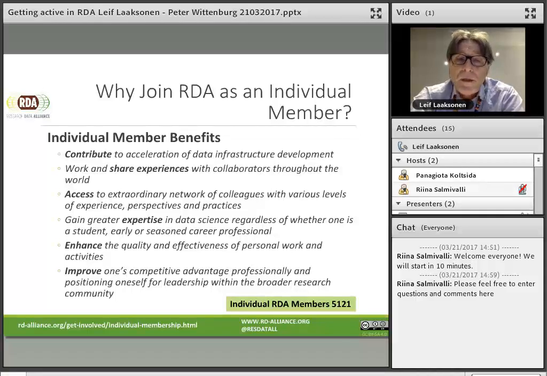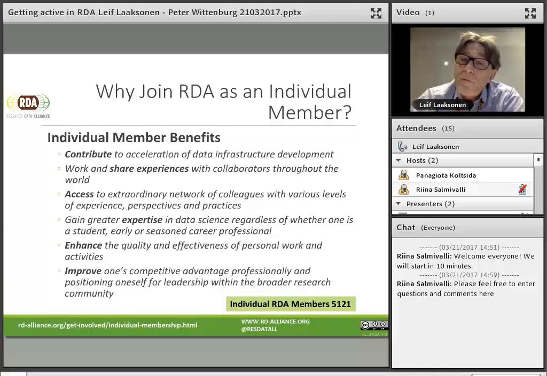You have access to knowledge from a very, very broad group of people and expertise, and you can enhance the quality and effectiveness of personal work and activities, and you can improve your professional competence as well.